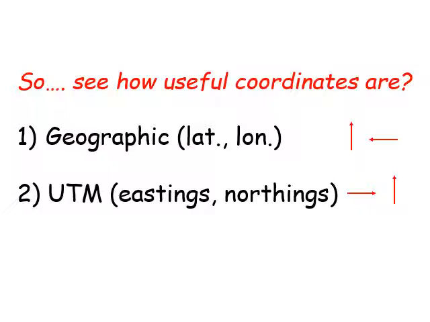So in the geographic system, you always start with north or south, and then degrees east or west. Whereas in the UTM system, we always indicate from the southwest corner: first how far east it is in meters, and then how far north it is in meters.